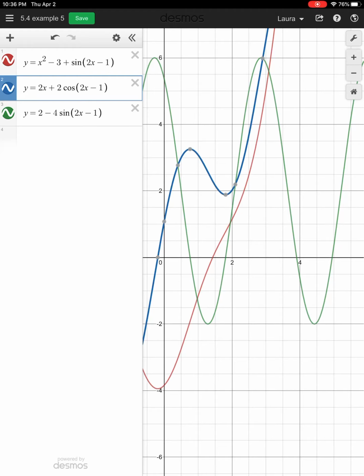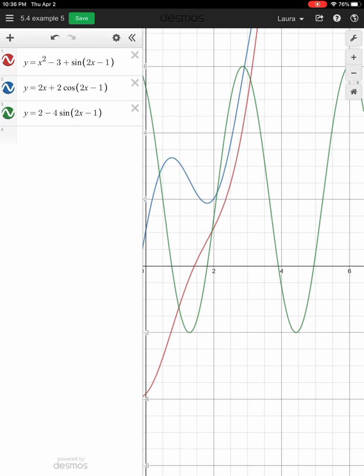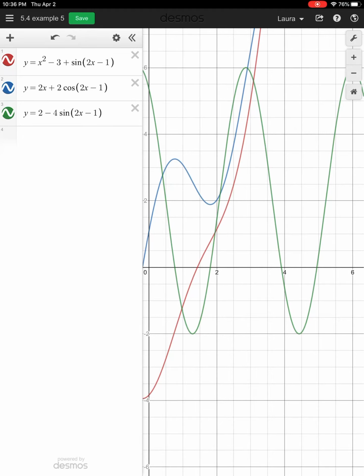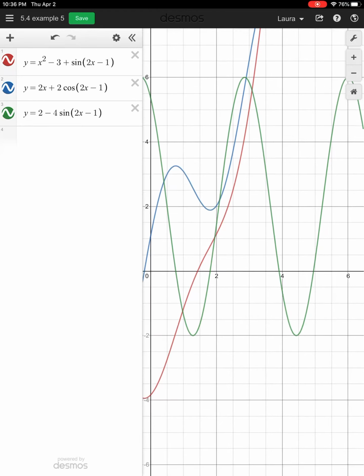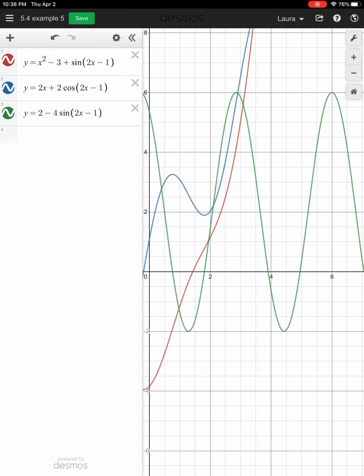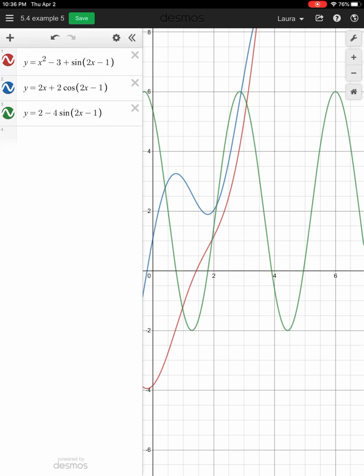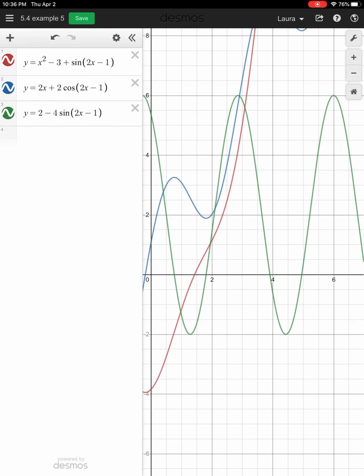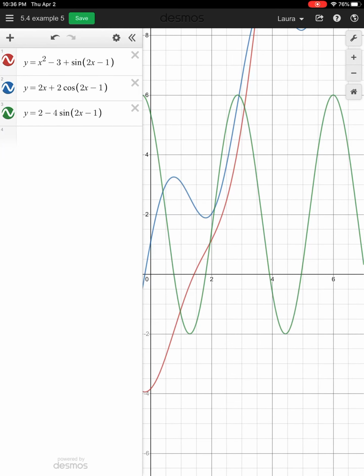I have put in red our original function, and in blue is the first derivative, and in green is our second derivative. And so if we focus on the green, and remember we're talking about from 0 to 2 pi, which is 6.28.